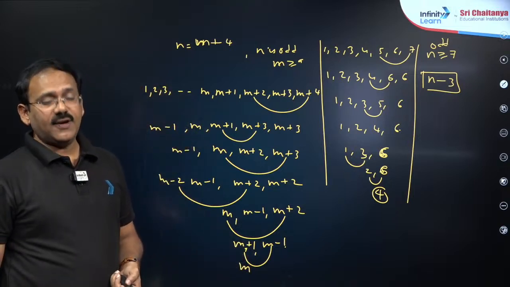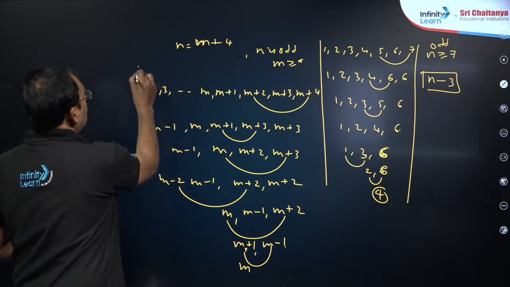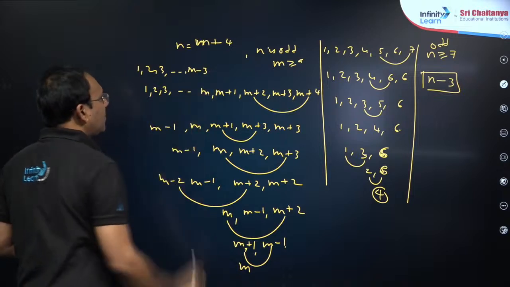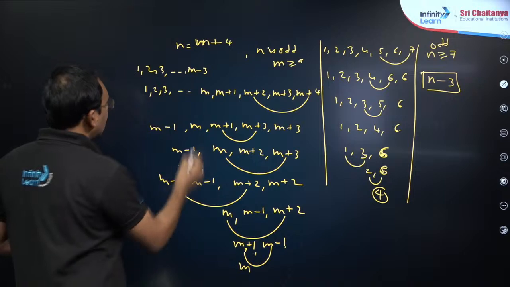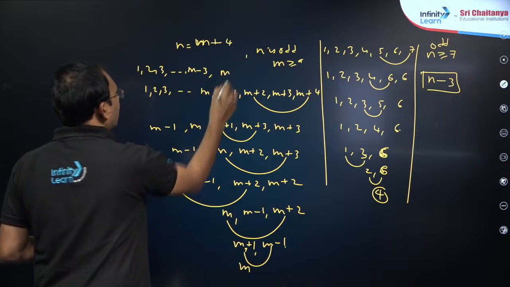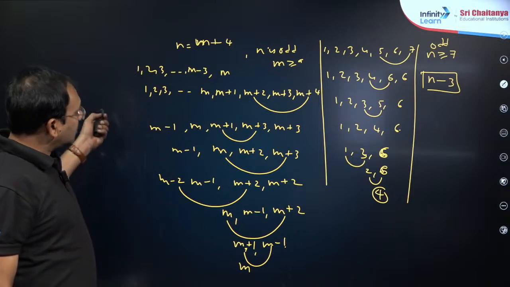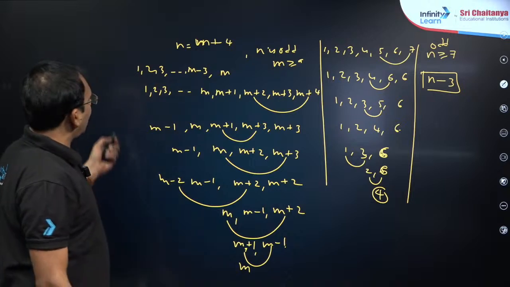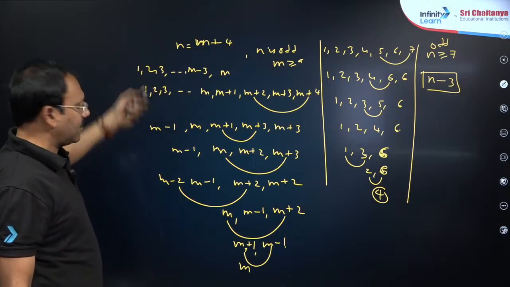That means you have used 1, 2, 3 and so on up to m minus 3, and m will be left, my dear friends. Now, for these you have seen already: if you take n greater than or equal to 7 and odd, what will you get? n minus 3 you will get, my dear friends.